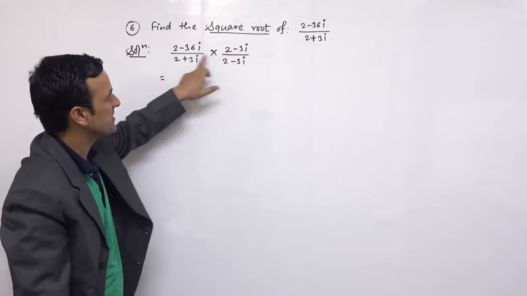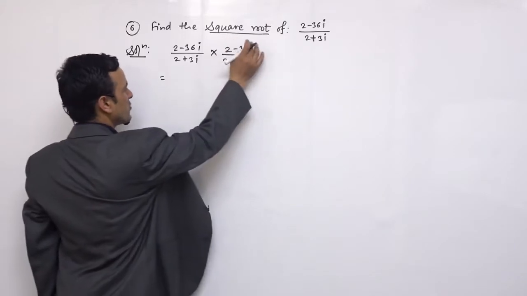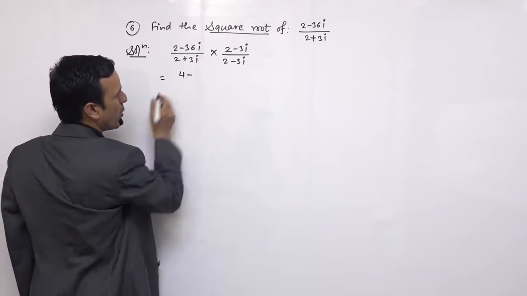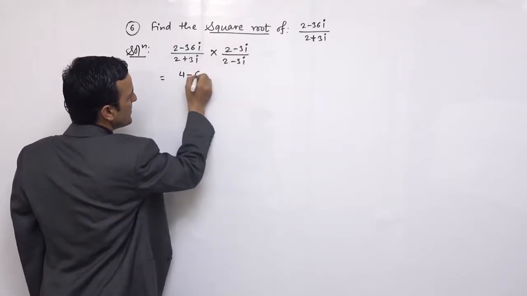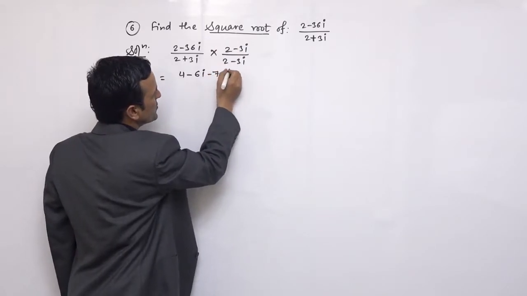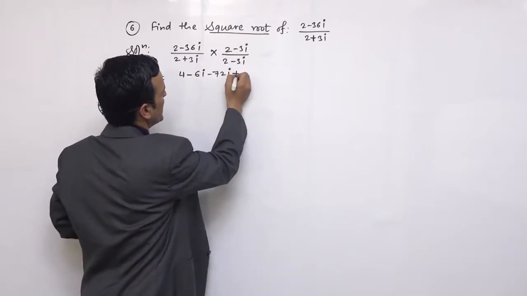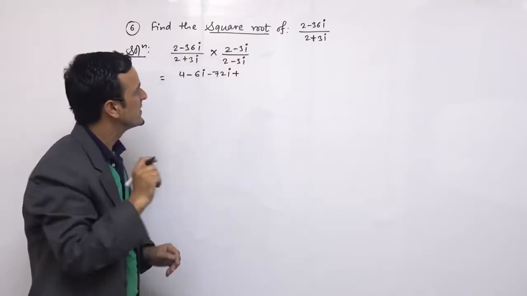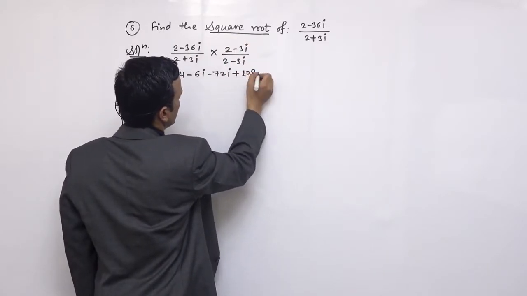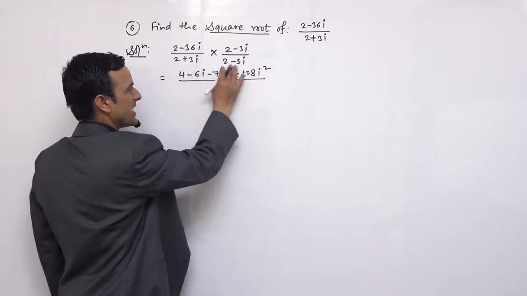Taking the opposite sign, we should multiply and divide as well. 2 into 2 means it is 4, 2 into 3i means 6i, 36 into 2 means 72i, and 36 into 3 means it is minus minus plus, and 36 into 3 means 3 6 are 18, 100 108 i square, divided by 2 plus 3i, 2 minus 3i.